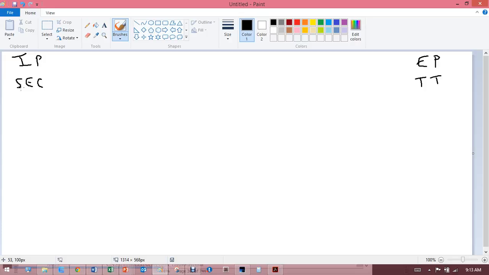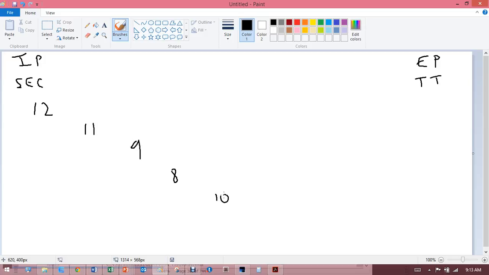So I'm going to draw the backbone here, and then explain it as we go. The backbone looks like this: 12, 11, 9, 8, 10. Okay, that's the basic backbone of this process.